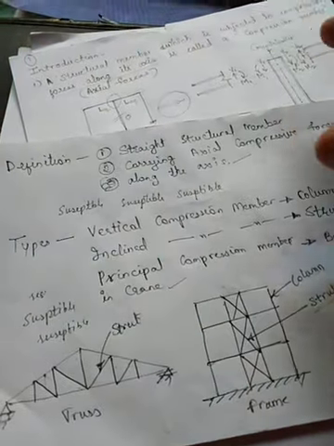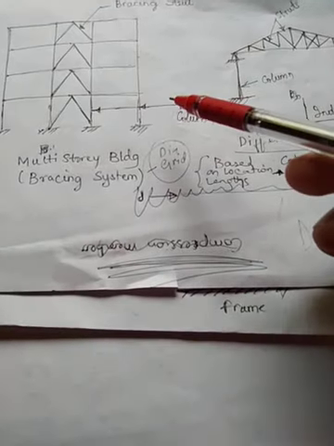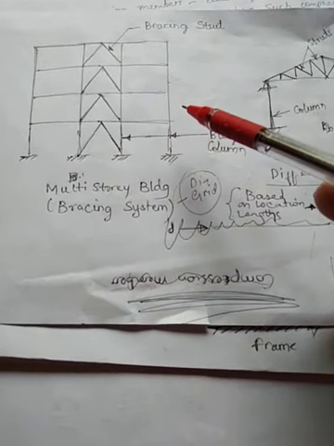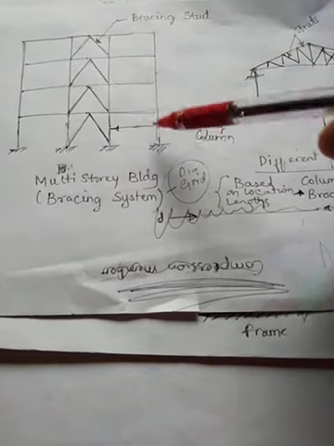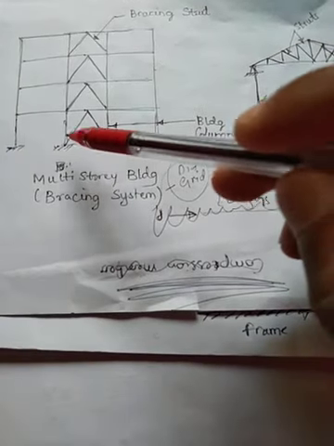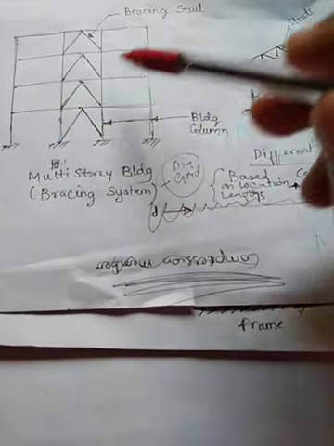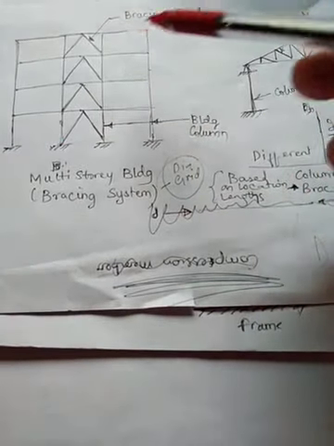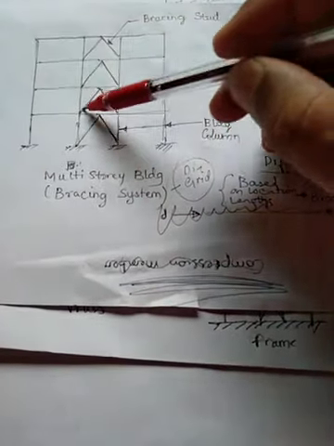Let's look into some more figures. Okay, so here you have a clear picture regarding this compression member in a multi-story building. In this multi-story building, this is a bracing system where we have different types of compression members. In this building, this vertical member is a column and these bracings are nothing but strut.